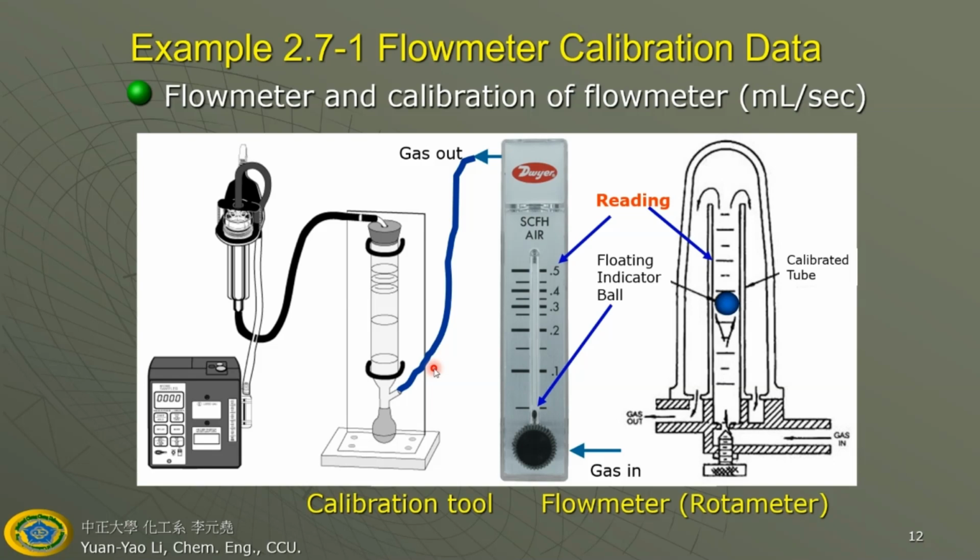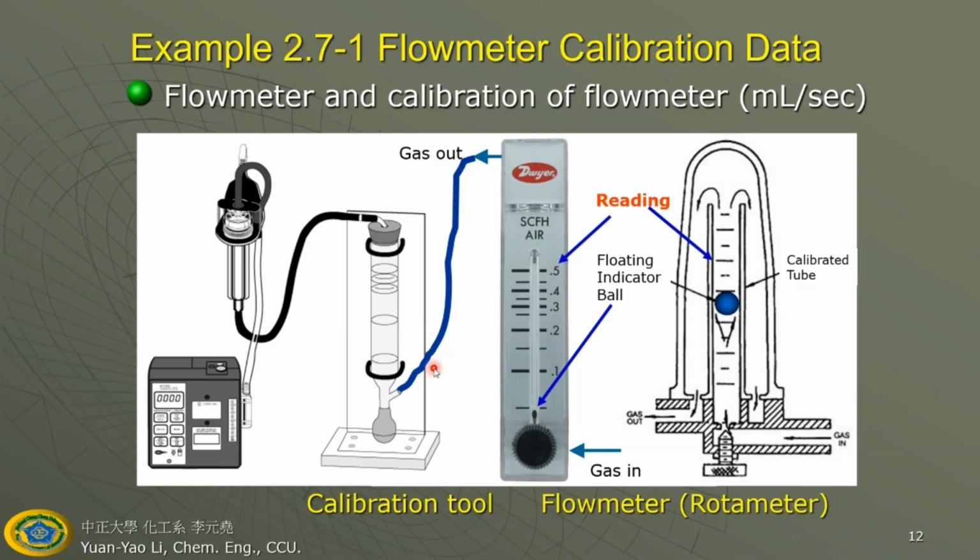So I have a timer. I start the timer from 0, and the bubble goes up and eventually reaches 50, and I stop the timer. So I know how long it takes from here to here, for example 10 seconds. The volume from here to here is 50 milliliter.